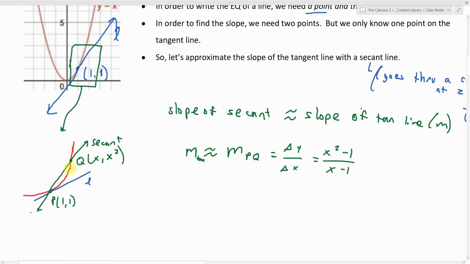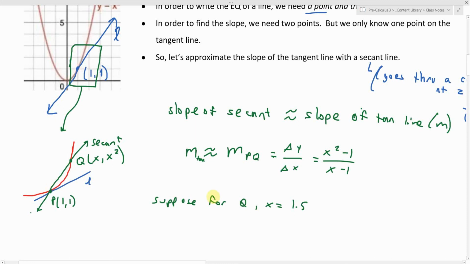So what I need to do now is pick some specific values for Q. Let's just suppose for Q, x equals 1.5. That's a number that's not equal to 1, so we know it won't land on P, but it's close to 1.